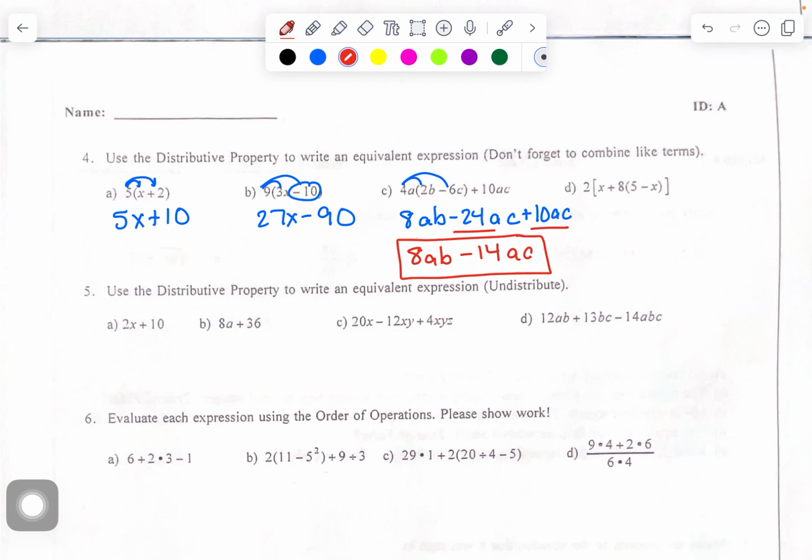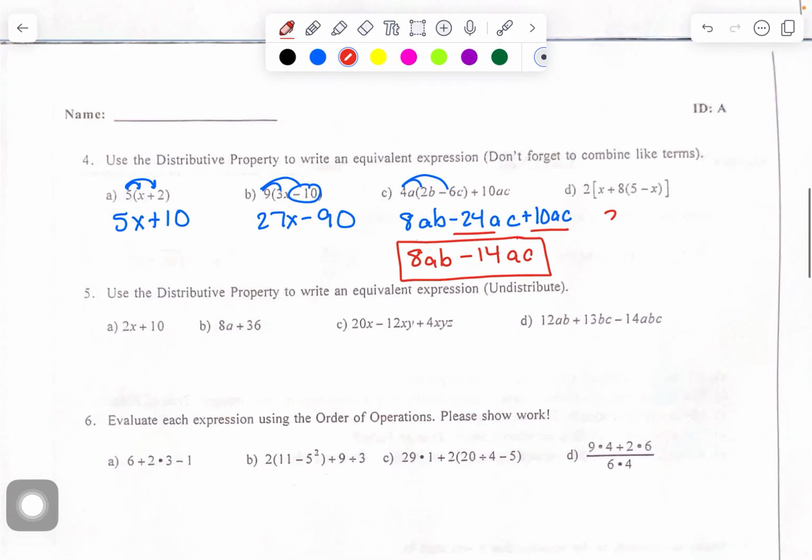When you have multiple brackets or parentheses, you start by distributing with what's furthest on the inside. So if I start with this first one, I'm going to leave the 2 and the bracket and the x, but now I'm distributing a positive 8. 8 times 5 would be 40, and 8 times a negative x would be negative 8x. Then I distribute the 2 to what's inside, or simplify the expression.